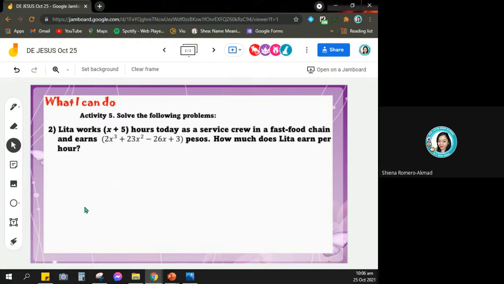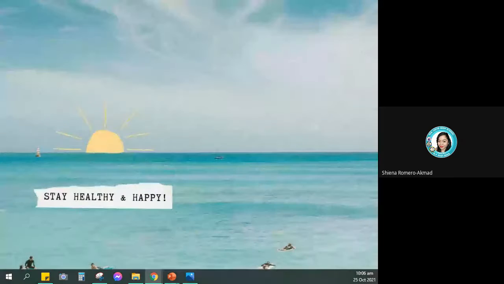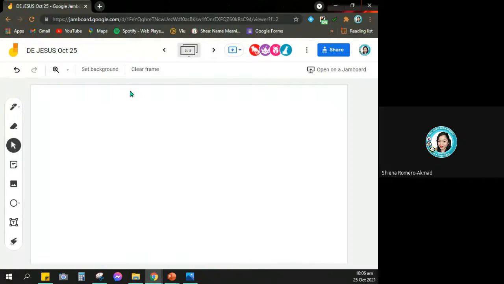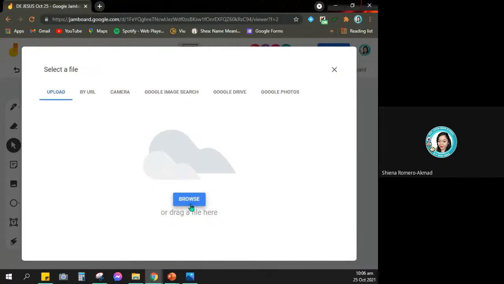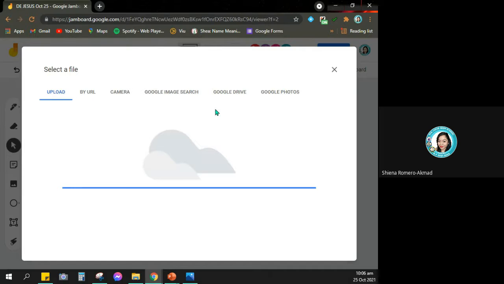Oh, ito ba yun? Mga mabad trip kayo, naka-word problem. Anong page ba ito? 19. Bakit problem agad yung lagay ko? 24 ba yung napindot ko? 19 yung pinipindot ko eh. Bakit 24? 19.